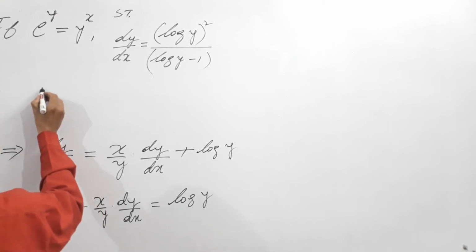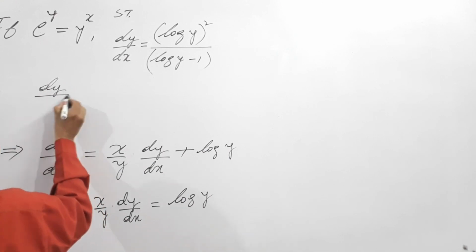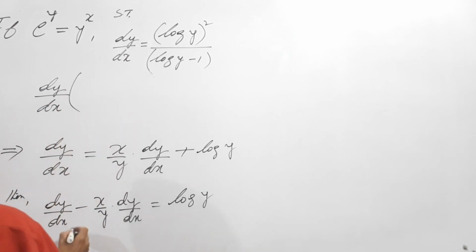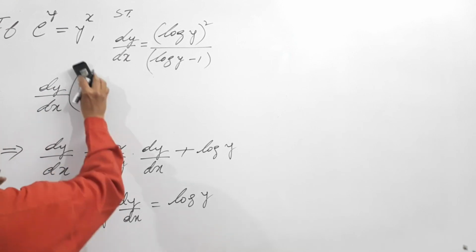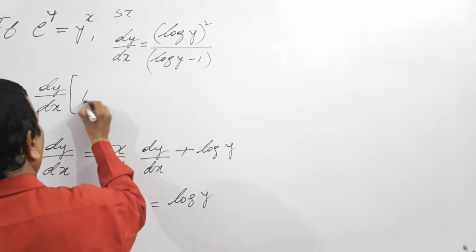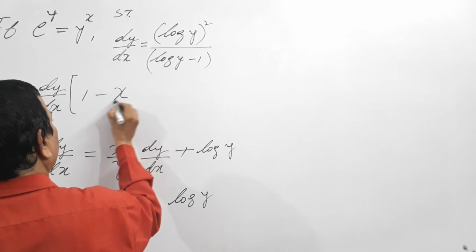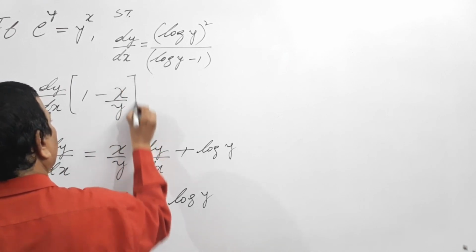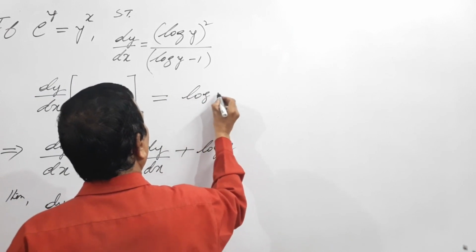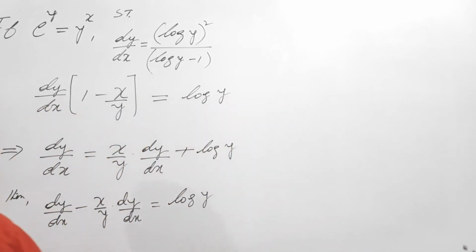So I will take dy by dx common. So this becomes (1 − x/y) dy/dx equals log y.